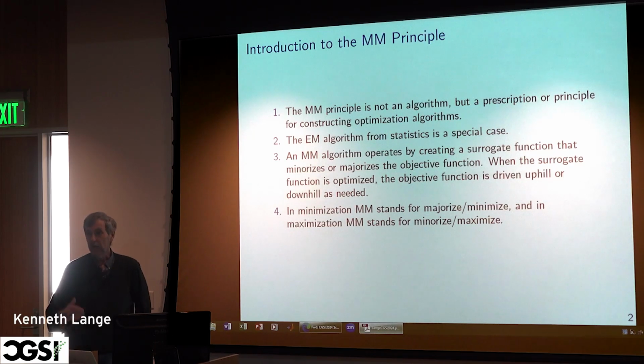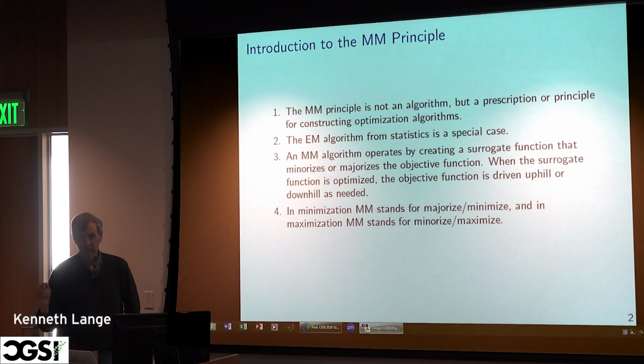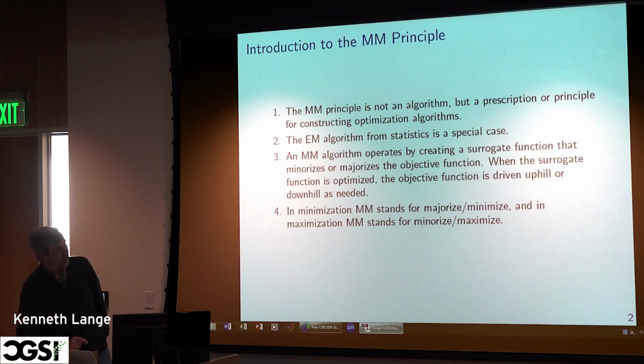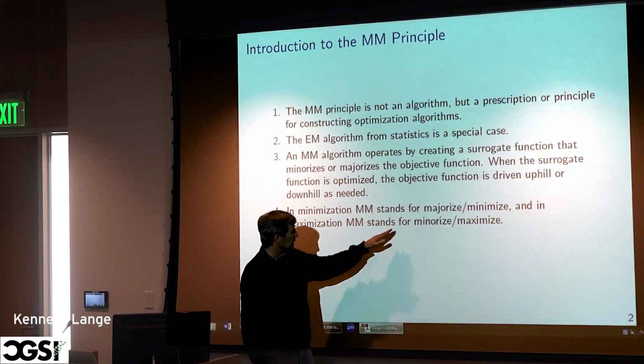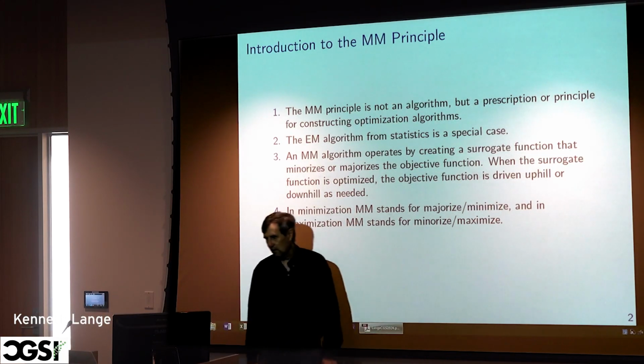And when you optimize the surrogate function, you drive the original objective function in the correct direction, either uphill or downhill, depending on whether you're maximizing or minimizing. So MM stands for majorize, minimize, or minorize, maximize.